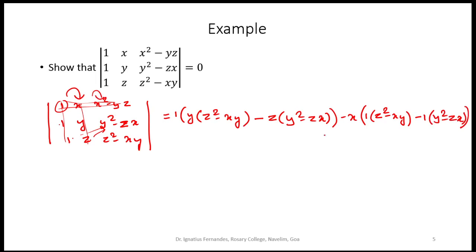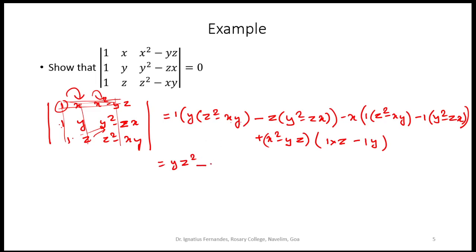Then I go to the last element, so plus x square minus yz, into the respective column and row, 1 into z minus 1 into y. Okay, so I'll simplify this. I have y multiplied by z square minus y multiplied by xy.